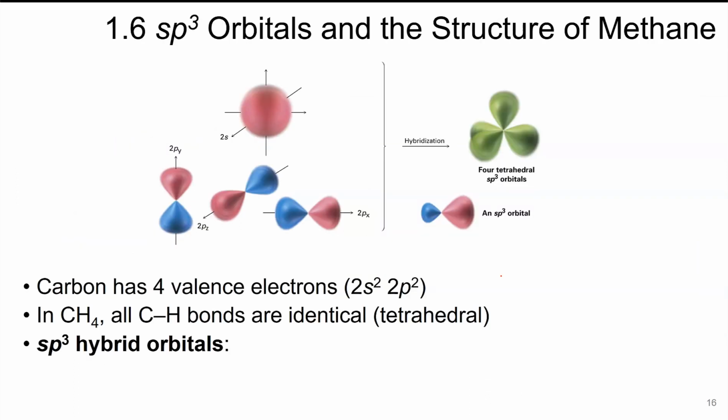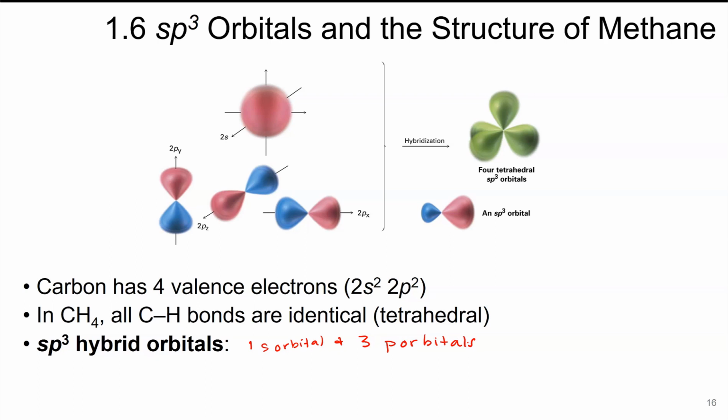If we look at the sp3 orbital and structure of methane, which is CH4, a carbon has 4 valence electrons. Like I mentioned, that 2s2 and 2p2. In CH4, all of these are identical, or tetrahedral. So an sp3 hybrid orbital has 1 s orbital and 3 p orbitals.